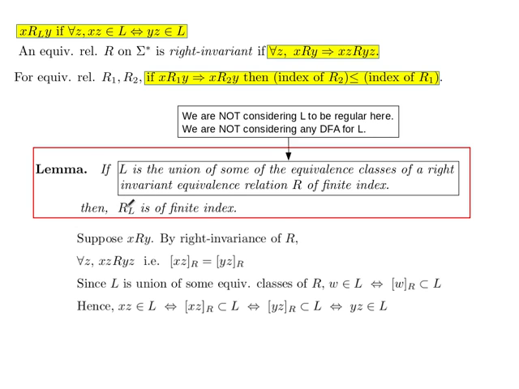RL is completely defined in terms of L, as we said before. This part is important: even here we are not considering any DFA. And it's just an immediate one-line proof. Suppose X and Y are related.